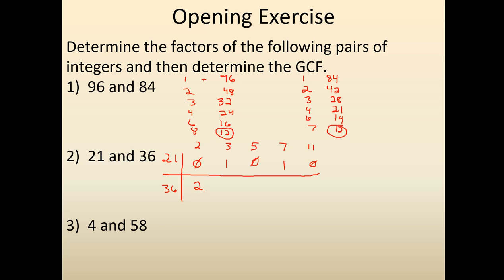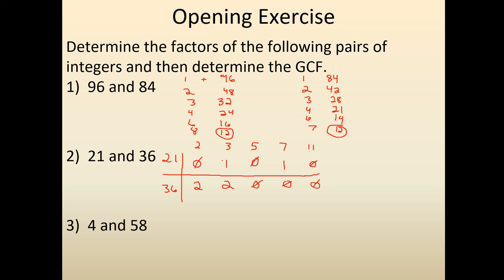I could divide by 3 again to get 4, but I can't divide it by 3 a third time. So this is only divisible one time. 36 divided by 5 is nothing, so it's not divisible by 5. 36 divided by 7 is not divisible, and I'm not going to even try 11, but it's definitely not it.